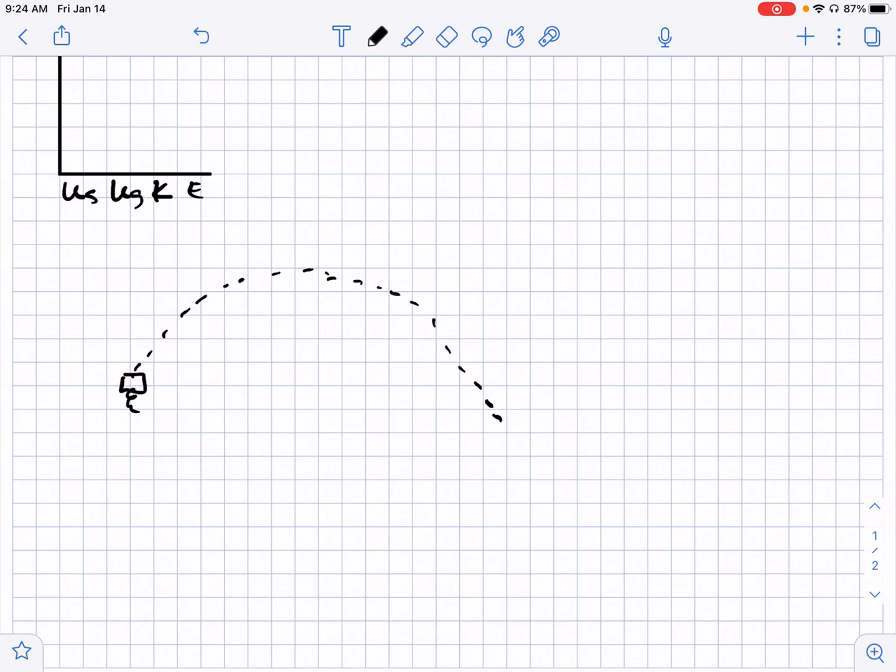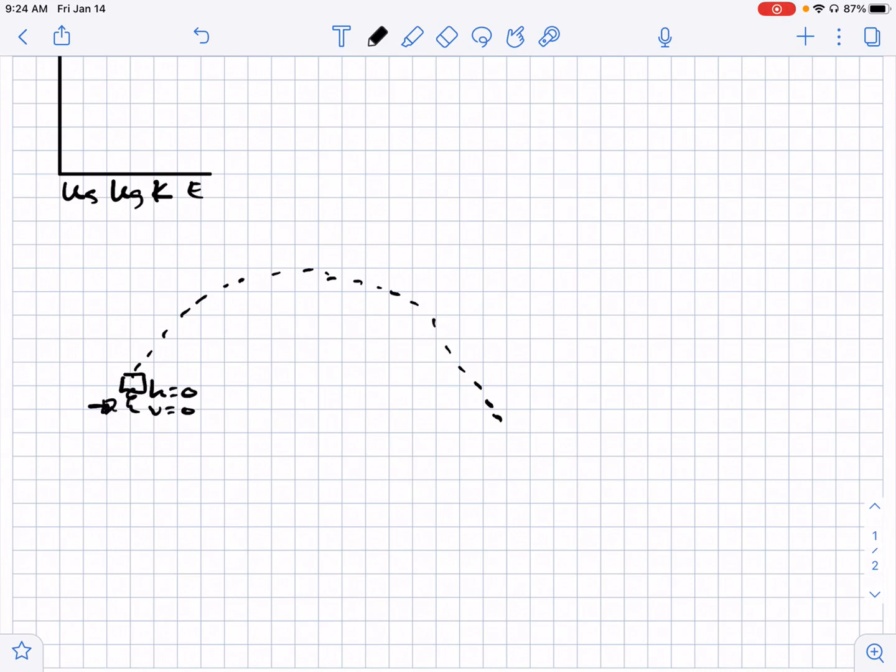And we want to make some energy bar charts at some various positions before this is launched and even after. So before it's launched, if we assume this is a height of 0 and it's not moving yet, that would mean that we have no gravitational and we have no kinetic energy. But there is this spring here, so all the energy is just going to be elastic potential.